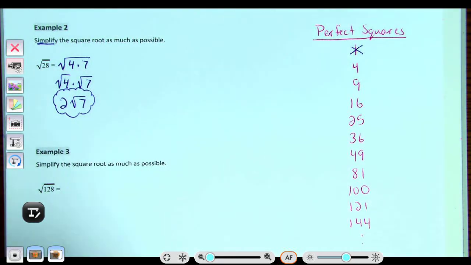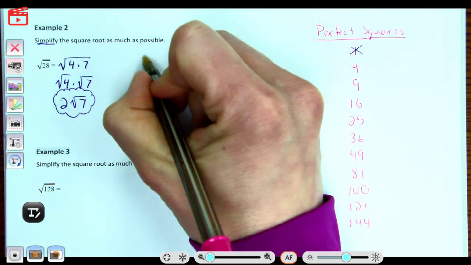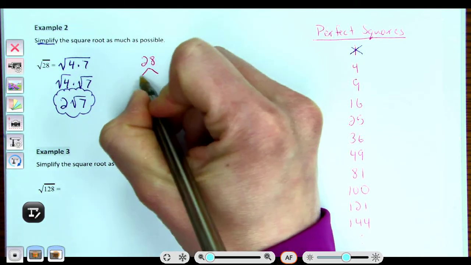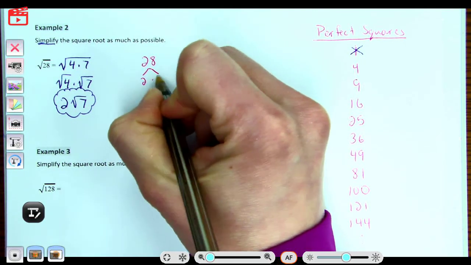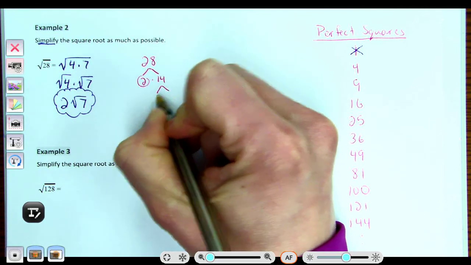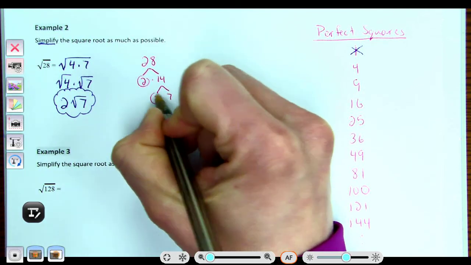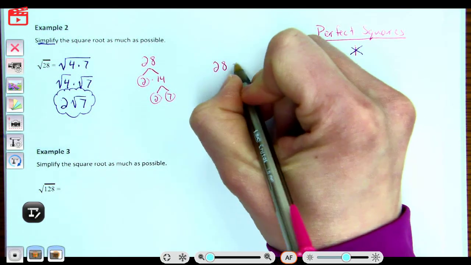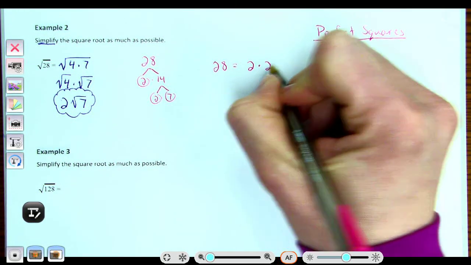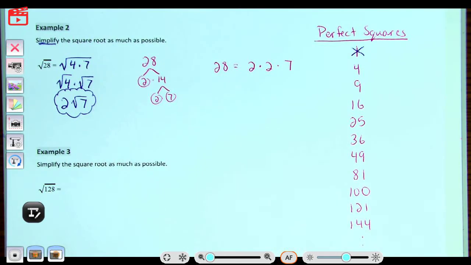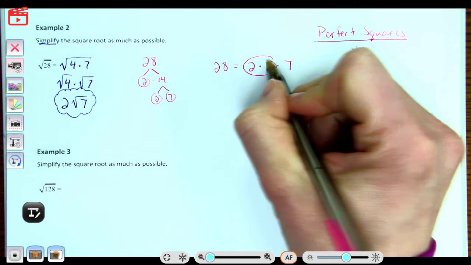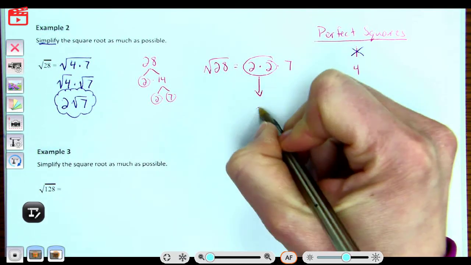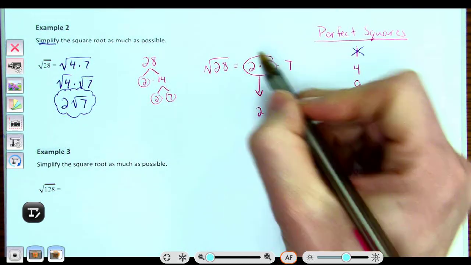Now, using the factor tree method, if I break 28 down, you could go 2 times 14, and 14 is 2 times 7. What you do is if you write it in order, every time you see a pair, if we want to take the square root of this, you just drop that down because 2 times 2 is 4.